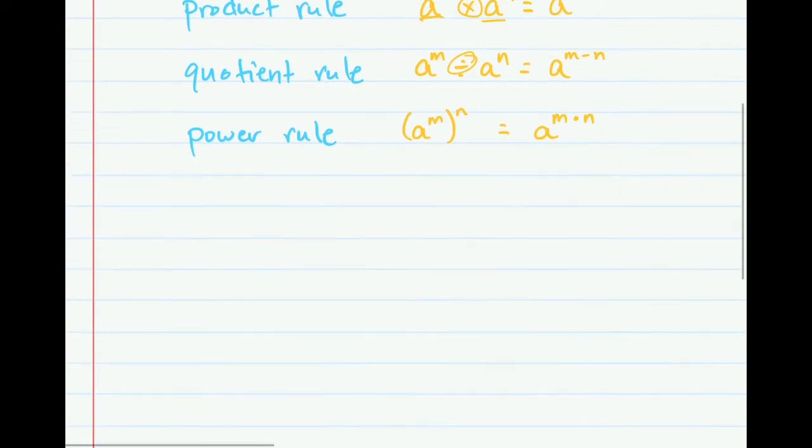So let's just jump right into it. Let's look at our first example. We have 4 to the power of 7 times 4 to the power of negative 2. So let's think. Which rule are we using? Well, we have a multiplication sign and we have the same bases, so we know we are using the product rule.